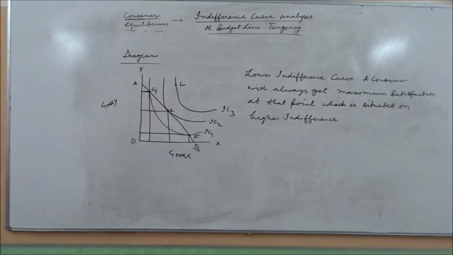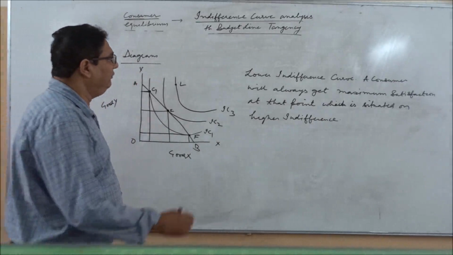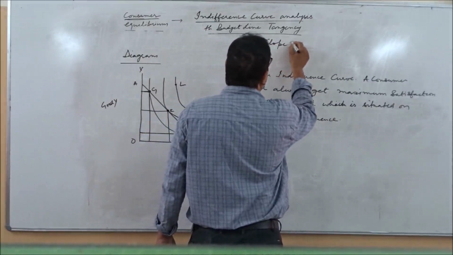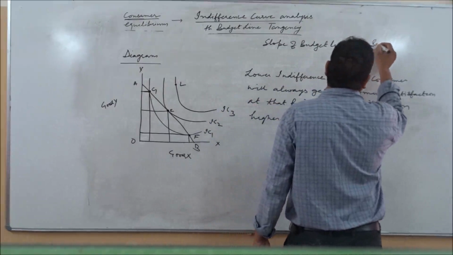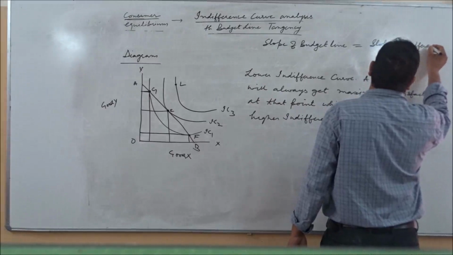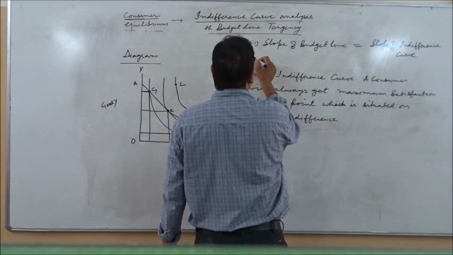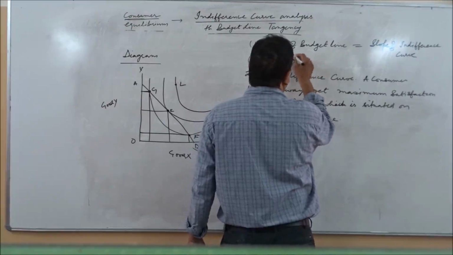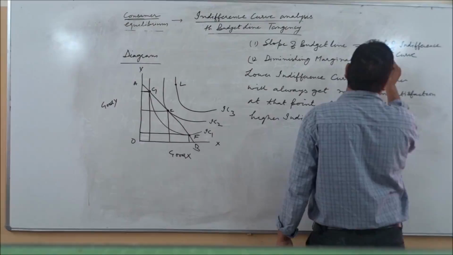So in this way we can say a consumer can attain maximum satisfaction at that point where the following two conditions are satisfied: first, slope of the budget line is equal to slope of the indifference curve, the first order condition; second, the second order condition, applicability of the law of diminishing marginal rate of substitution.